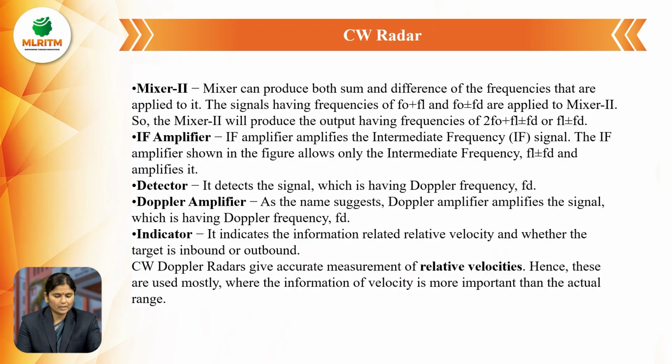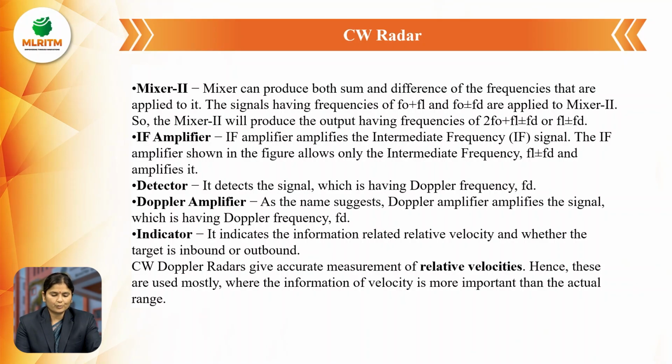Mixer 2 also produces both the sum and difference of the frequencies applied to it. The other input to mixer 2 is the echo signal, which is received by the receiving antenna from space. The frequency of the echo signal is FD, meaning the Doppler frequency.